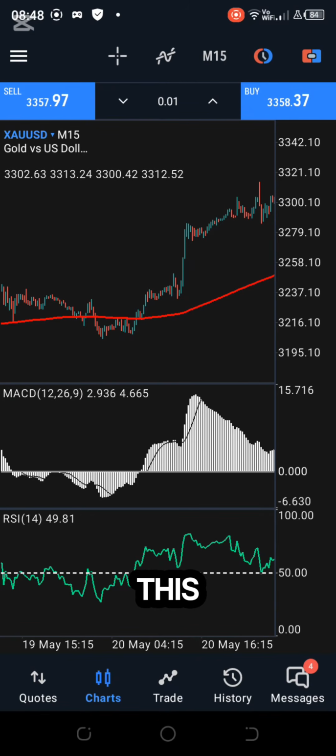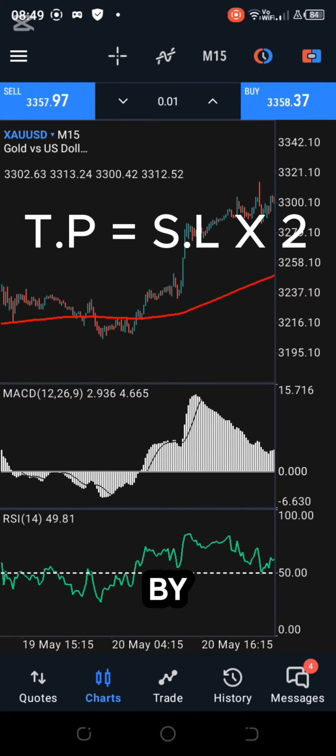What I'm trying to say is this: if your stop loss is 10 pips, then your take profit is going to be 2 times the size of the SL. In this particular case, it will be 10 pips times 2, which would be 20 pips. So your TP is determined by the size of your SL.